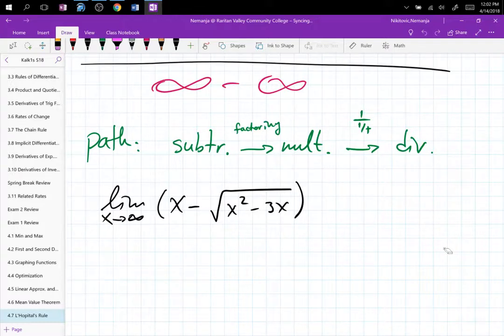What am I supposed to do? I'm supposed to factor so that I can change subtraction into multiplication. Well, it should be obvious that the thing that I'm factoring is x, which means that I need an x over there, and I don't have it.